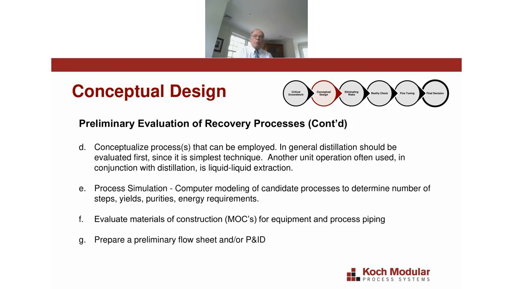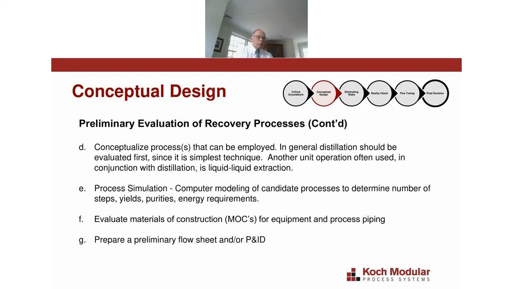In our case, it's Aspen Plus, to computer model the process that we've come up with and determine the number of steps required, how many distillation steps, how many other steps are required in order to meet the customer's goals for purity. And then, of course, we'll learn from the process simulation what the yield of the recovered solvents will be and the preliminary energy requirements, utility requirements of the process.